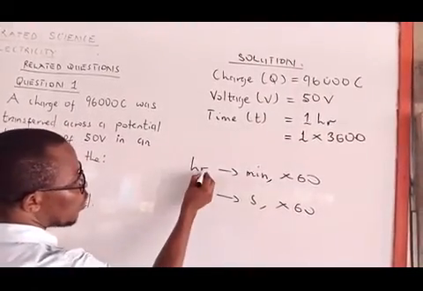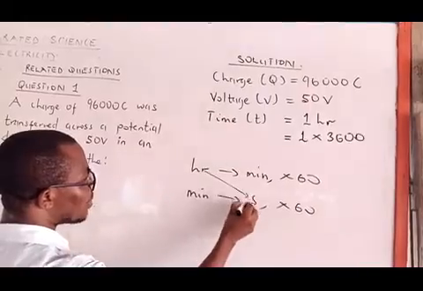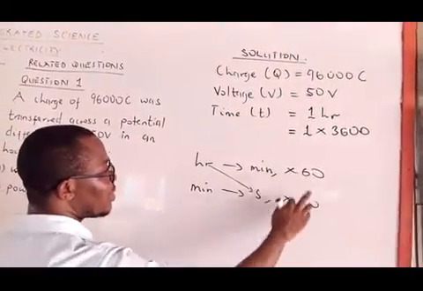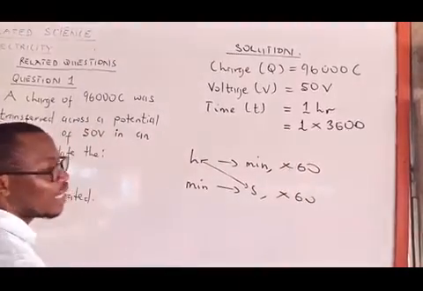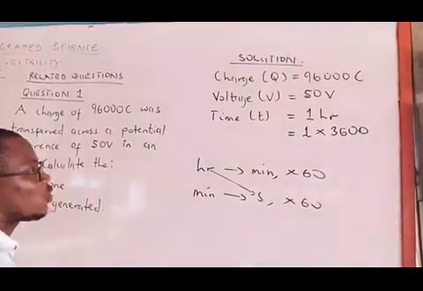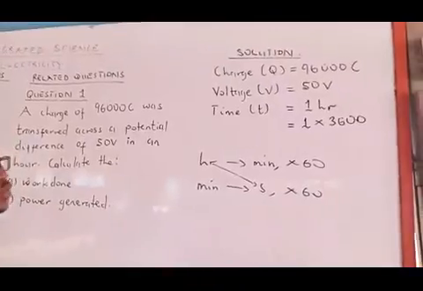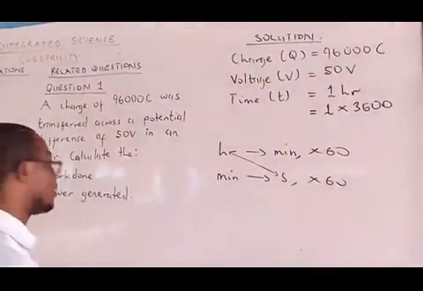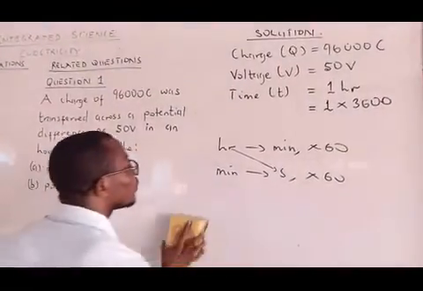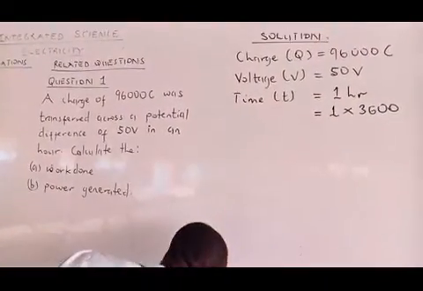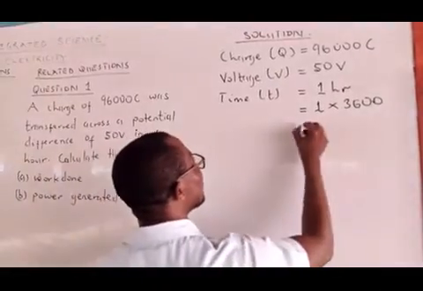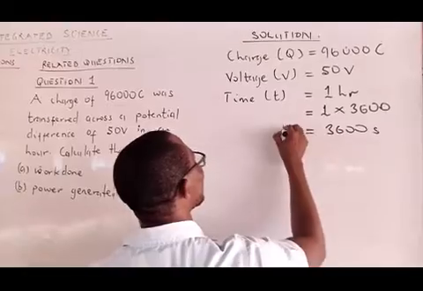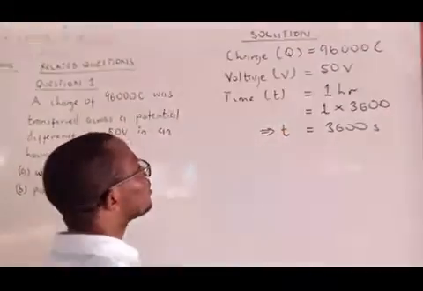So to convert hour to seconds, it will be 60 times 60, and 60 times 60 gives you 3,600. That's why, when converting hour to seconds, we multiply by 3,600. So this is equal to 3,600 seconds. So that's the time in seconds.